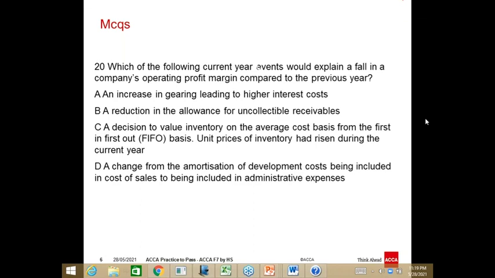Now what's the answer for this question? Which of the following current year events could explain a fall in the operating profit margins compared to the previous year? So the profit figure is decreasing.